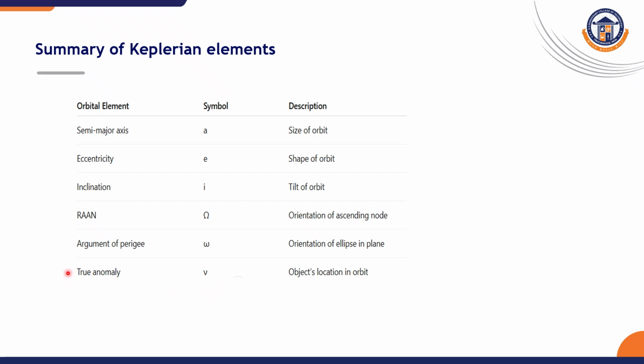So all these parameters contribute to finding the direction and location of the object and the nature of the object on the orbit.